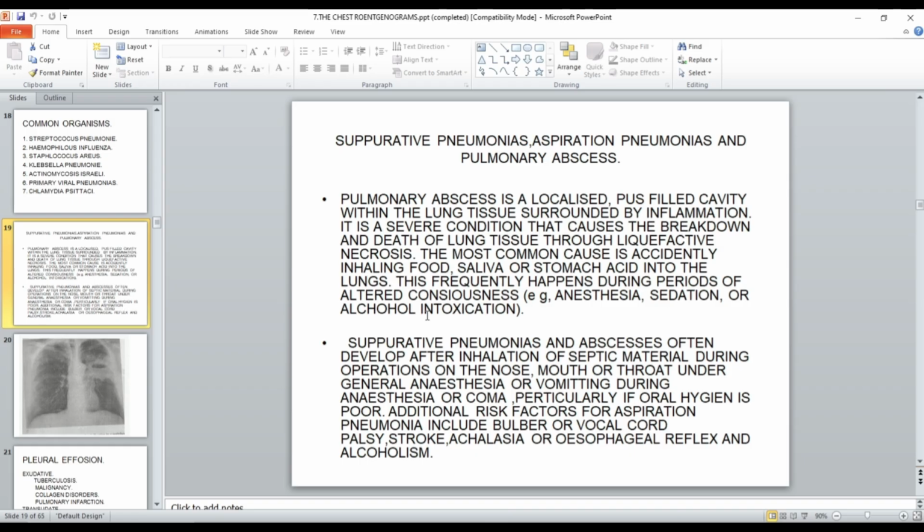Additional factors for aspiration pneumonia include bulbar or vocal cord palsy, stroke, achalasia, or esophageal reflux, and alcoholism.